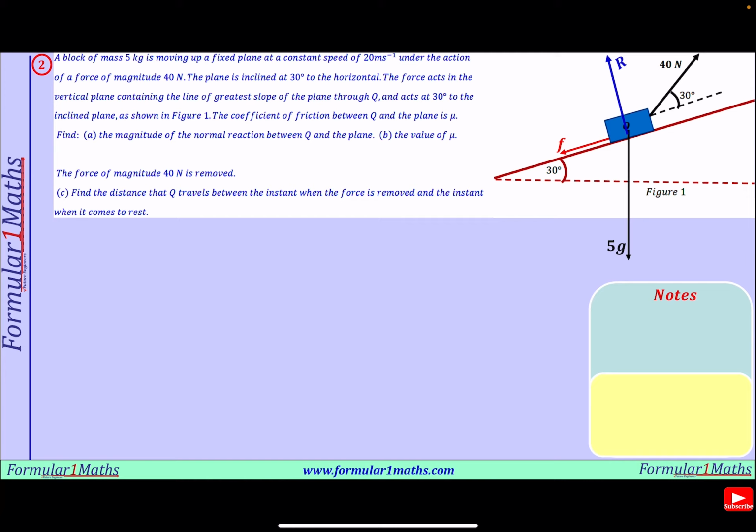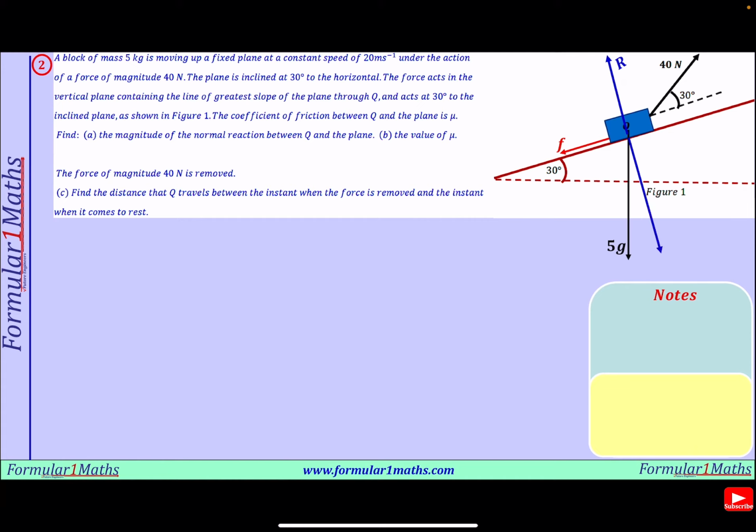We don't need to resolve the reaction force because it's already perpendicular to the plane. And we don't need to resolve the frictional force because it's parallel to the plane. But we will need to resolve the weight and the 40 Newton force.